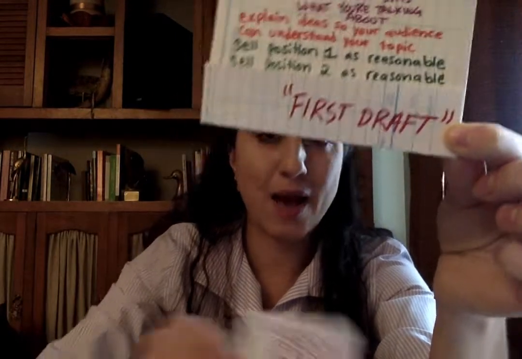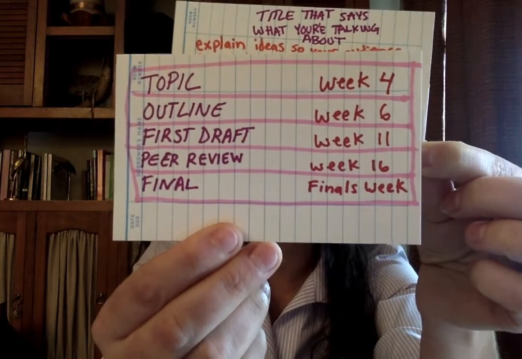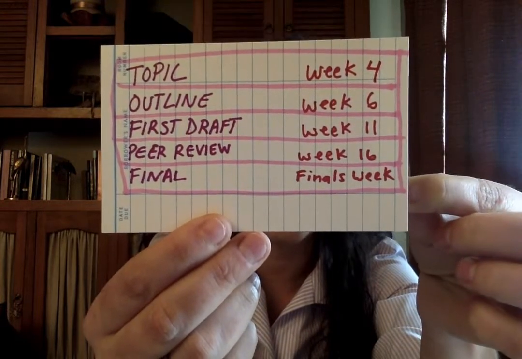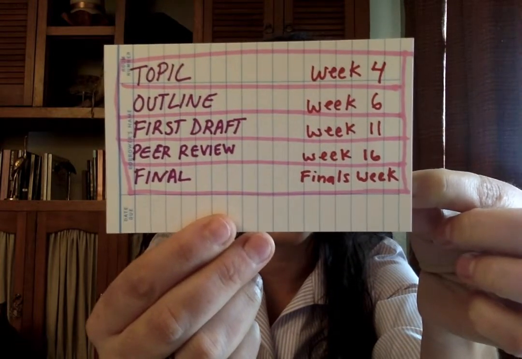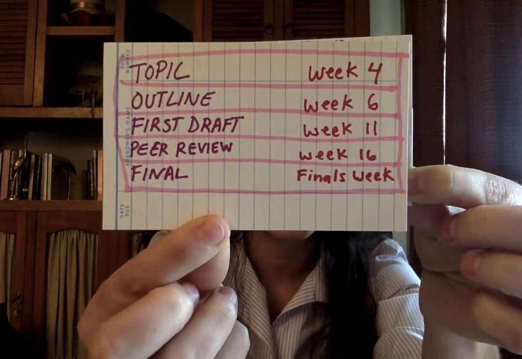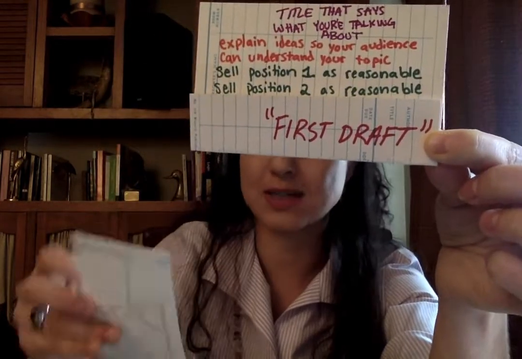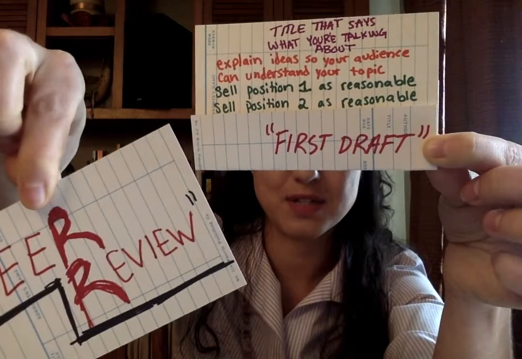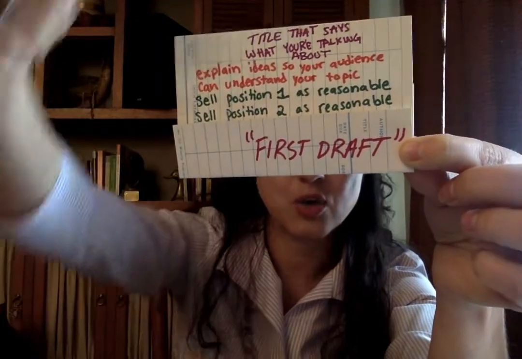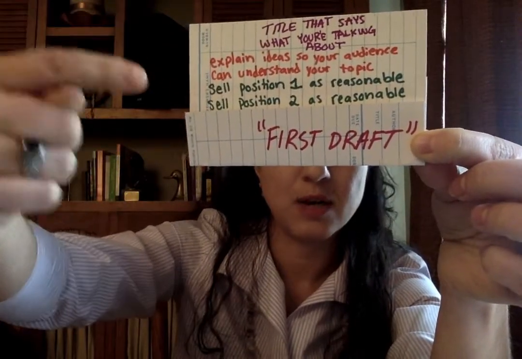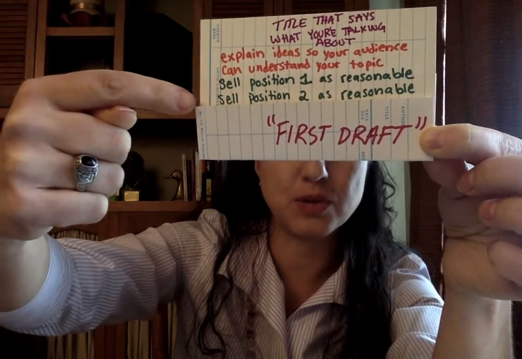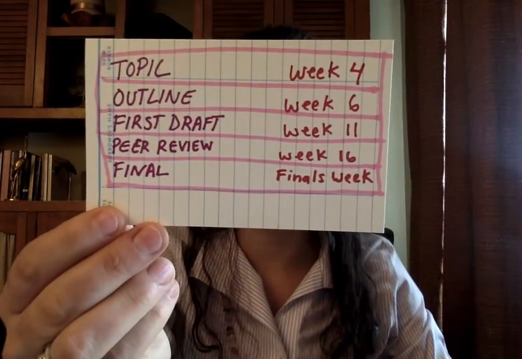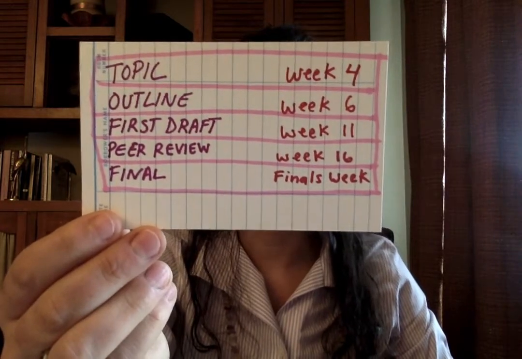So you're at week 16 and you still have not written down what you think and why you think it. By week 16, you'll be doing the peer review process on the first draft. The first draft is cool topic, explain the jargon, what's position 1, what's position 2, and that's it. When you get comments back on your paper, you will be ready to add where you stand.